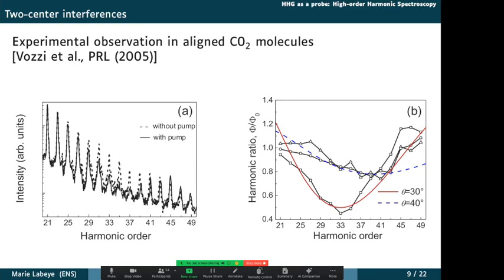And there is a strong decrease of the signal here at a specific harmonic order that depends on the orientation of the molecule with respect to the polarization of the field. And so to better see this minimum, they actually plot the ratio of the harmonic signal of the solid line divided by the dashed line, basically for different orientations.